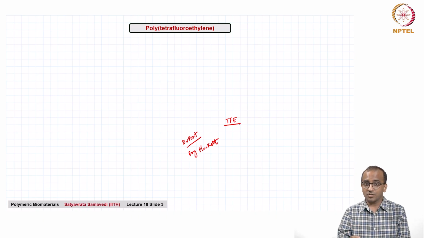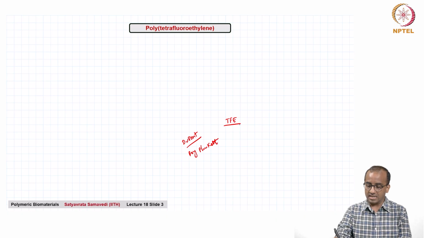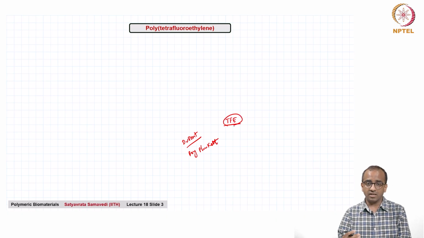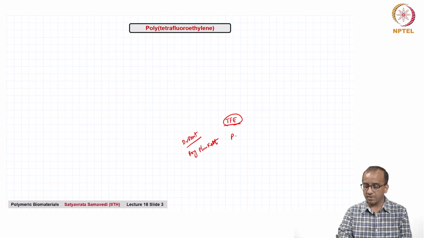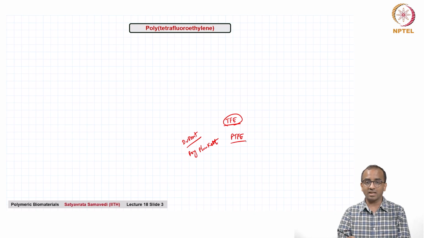The story goes that one day he found in a cylinder of TFE this white powdery smooth substance which later on came to become PTFE. So, the TFE had actually polymerized within the tank, and that was an accidental serendipitous discovery which was very important.